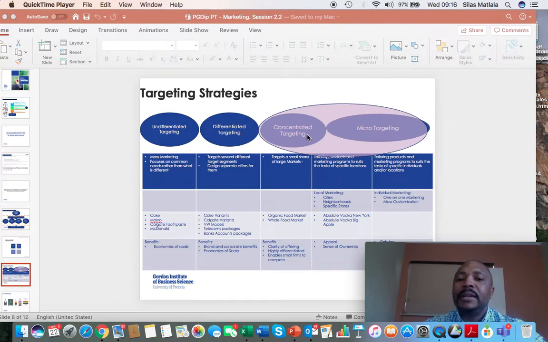It's highly differentiated. It enables small firms that don't necessarily have economies of scale to go in and compete. So, for example, in the pet food market, you are competing with Pedigree and a whole lot of others.